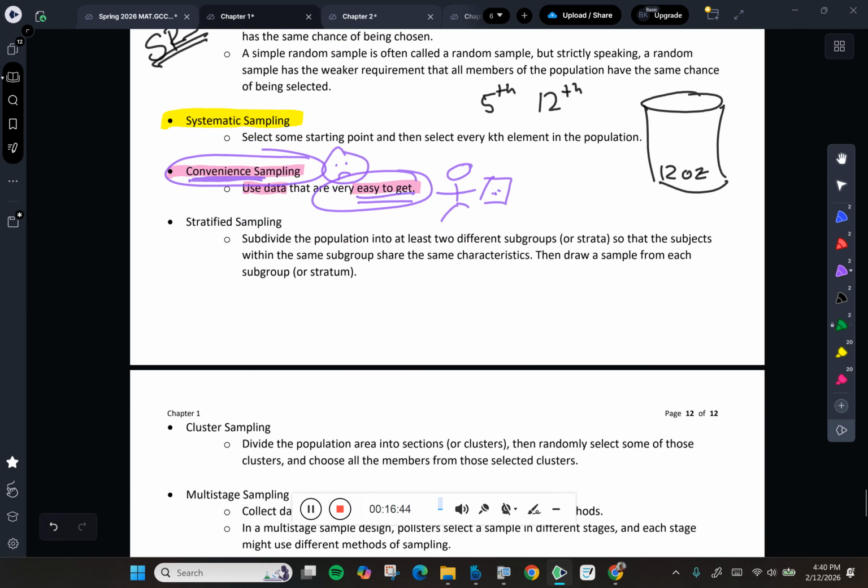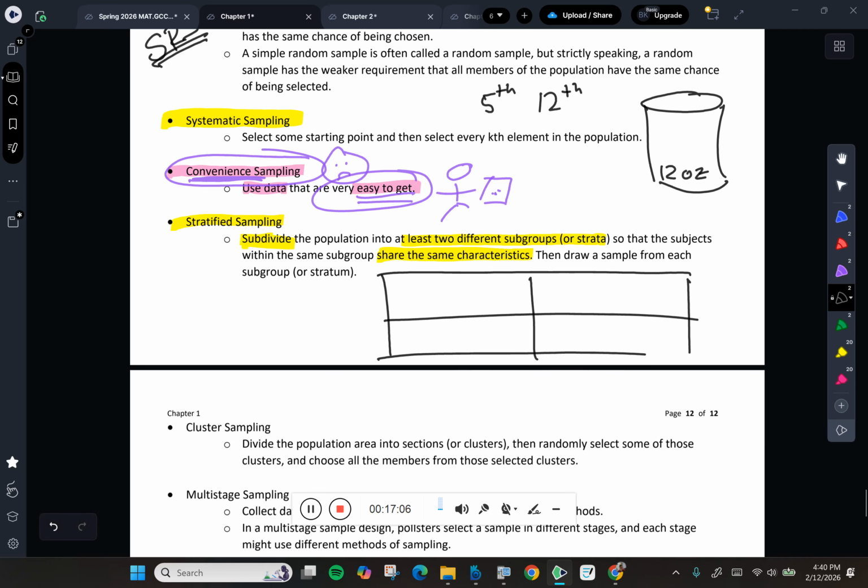Stratified sampling is a technique where you stratify, or subdivide, the population into at least two different subgroups that have the same characteristics. Right? So I might take my entire population and break it up into, say, 4 groups where all share the same characteristics.